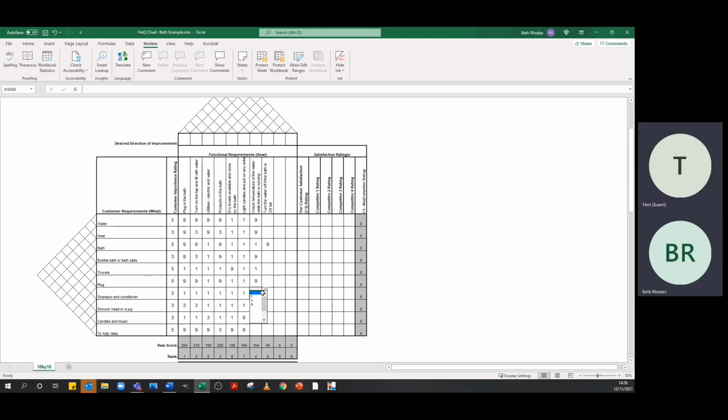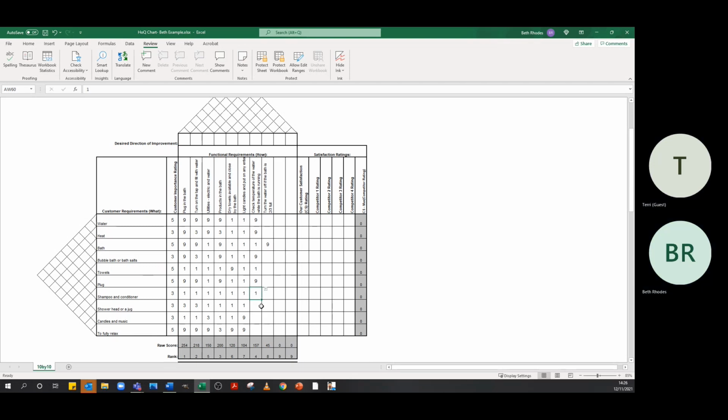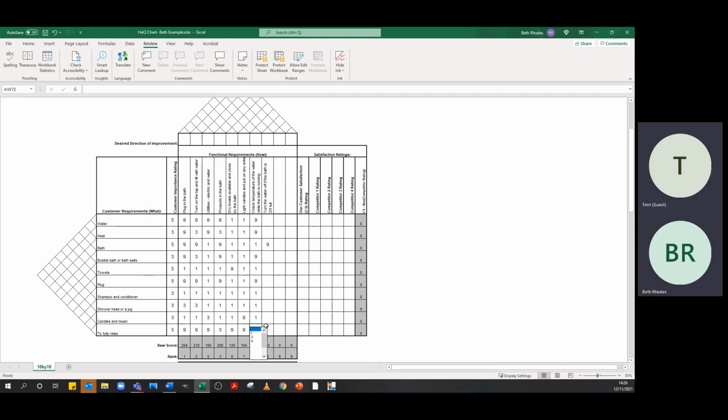Not important, 1. Shower head or jug? 1. Candles and music? 1. To fully relax? At that point, I think it's a 1, but you might.